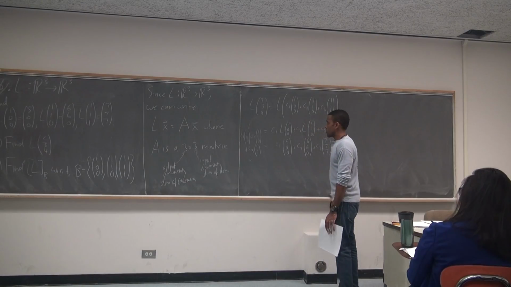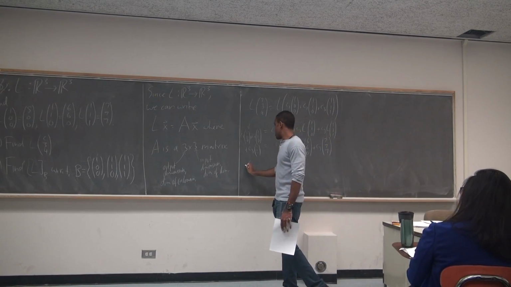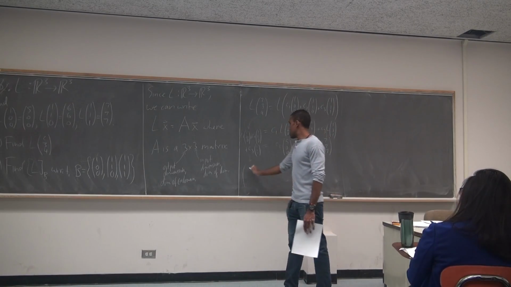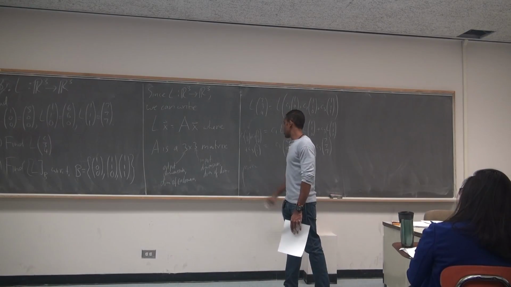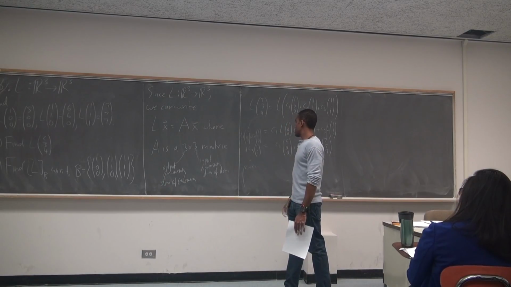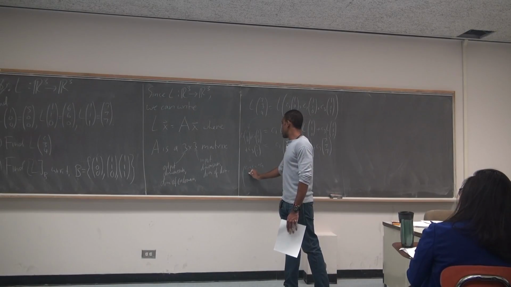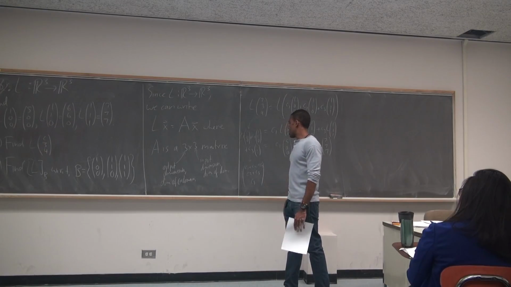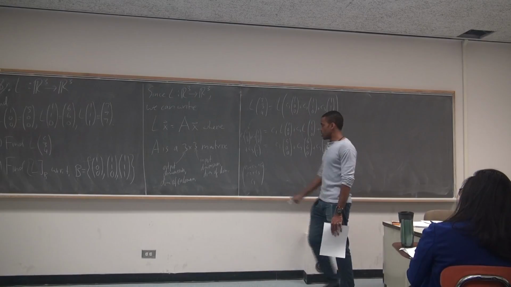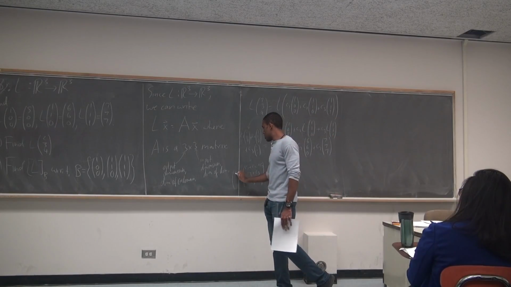Okay, so you set up this equation here, that's (2, 3, 4). So this would be what? This would be C1 plus C2 plus C3, and the second one at the bottom would be C2 plus C3, and the last is 4 equals C3. That's (2, 3, 4), and you set this equal to (2, 3, 4).